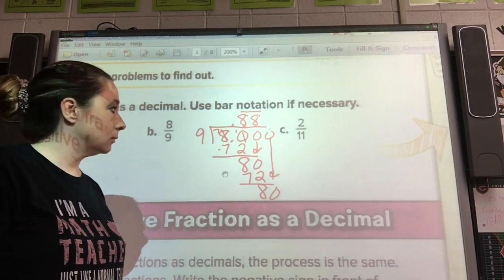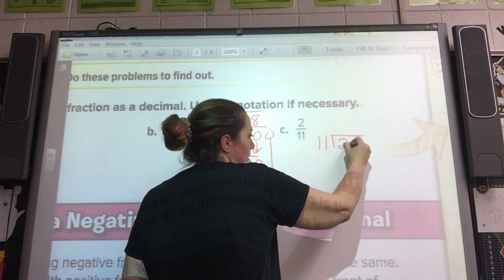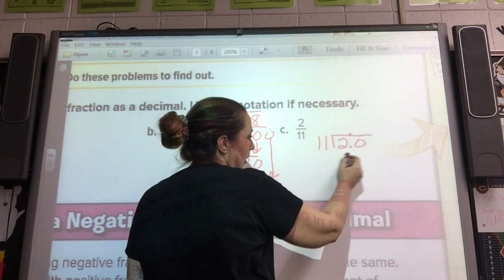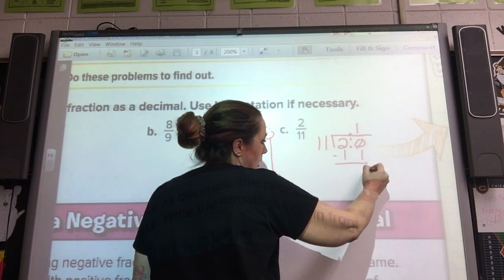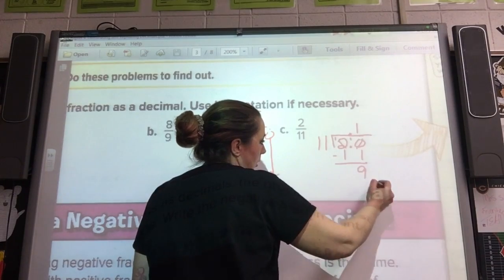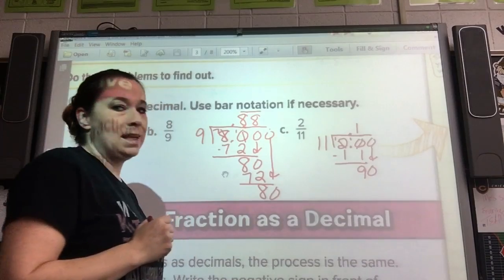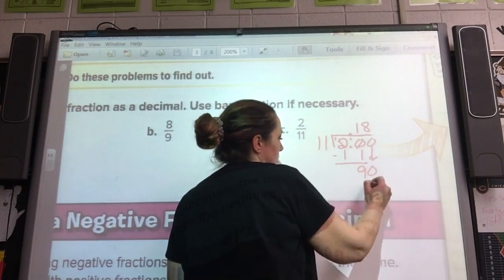So you can just stop and put the bar over it. You're done. Okay? 11 into 2. Again, make sure you put your decimal down and bring it up. And then you can add a 0. 11 goes into 20 once. Subtract. Add a 0. And 11 will go into 90 8 times, because that'd be 88.